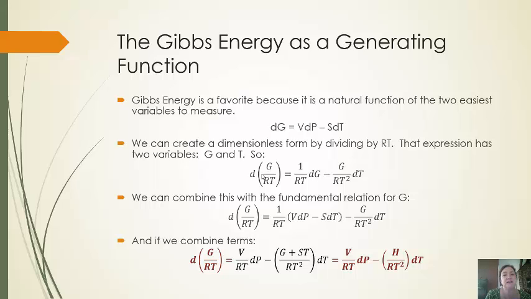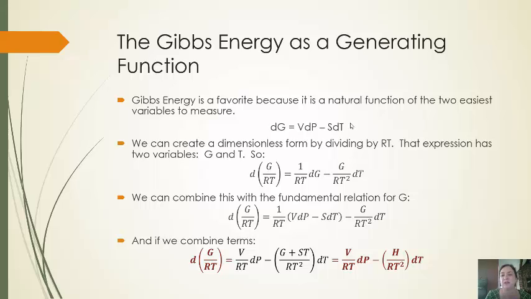So that says that dG equals VdP minus SdT, which is all well and good, but sometimes it's really helpful to have a dimensionless form. And so in this case, if I divide by RT, I can get this into a dimensionless form. So just dG over RT, I can apply the differential definition here.